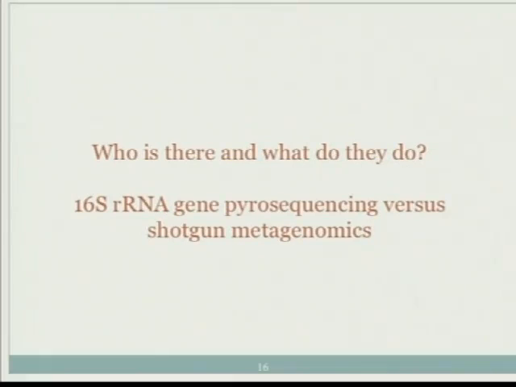For shotgun, for the rare species, probably you will never be able to get anything. But if you only do 16S, because you enrich the reads, it's possible that you may still get 16S from those very rare species of very low abundance.